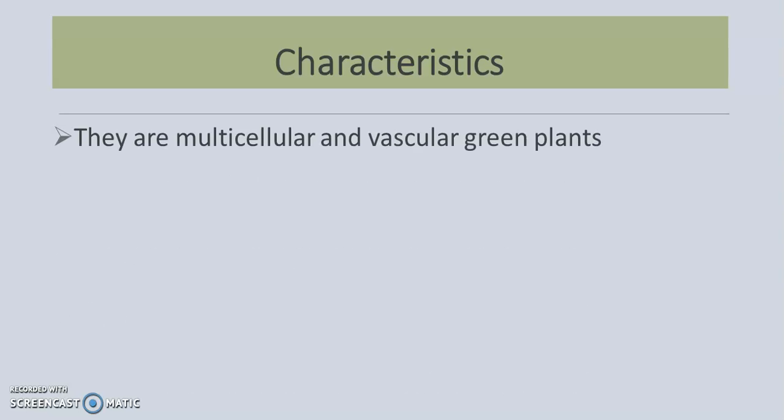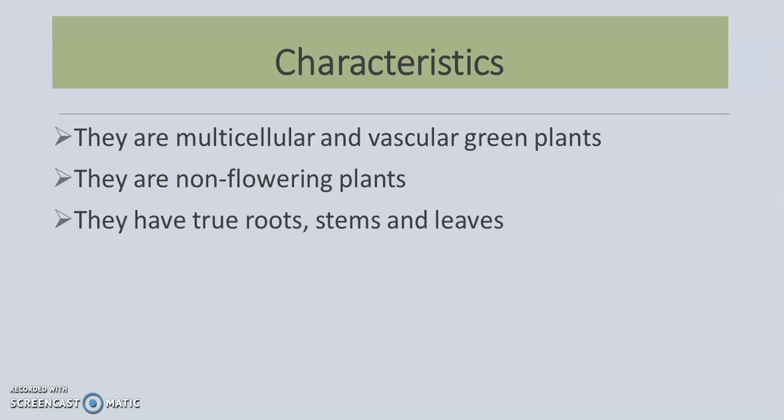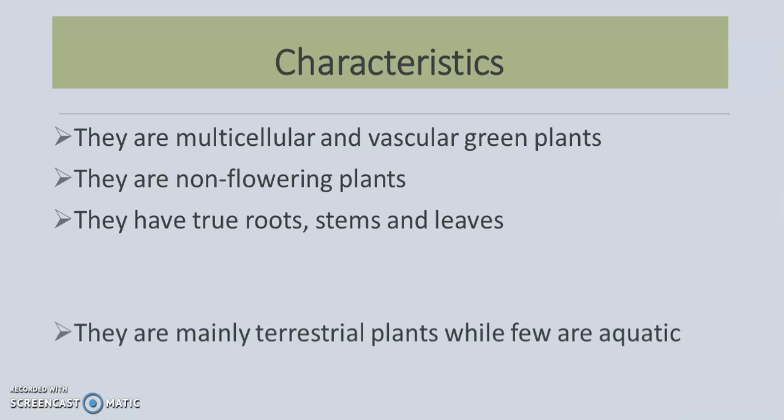Now let's look at the characteristics of these plants, Pteridophyta. Pteridophyta are usually multicellular organisms, and they consist of vascular green plants. They are non-flowering plants, which means they don't produce flowers, and they have true roots, stem and leaf.